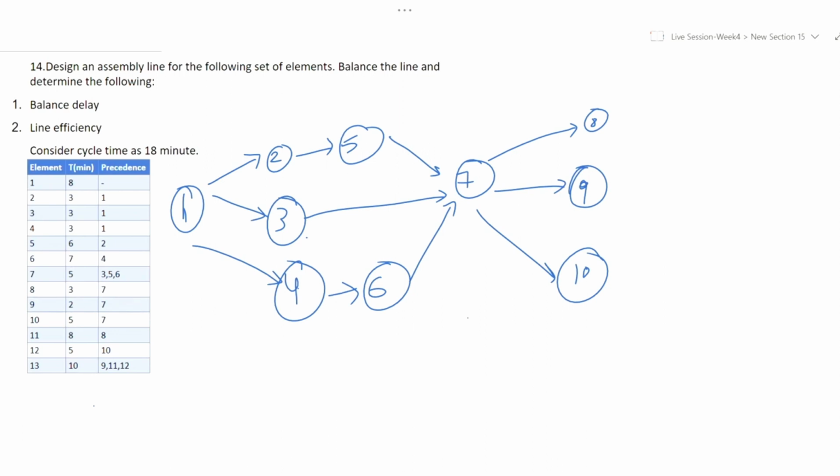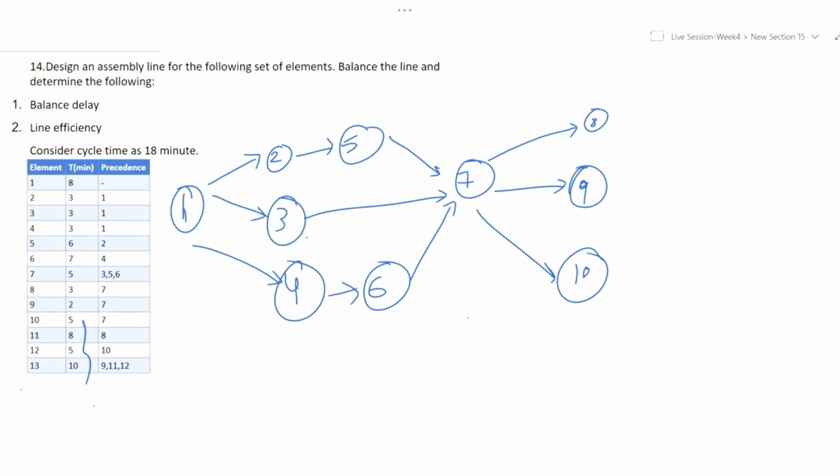Sorry, I just got confused with the time. This is the time. Element 11 is preceded by 8, 12 is preceded by 10, and 13 is preceded by 9, 11, 12.